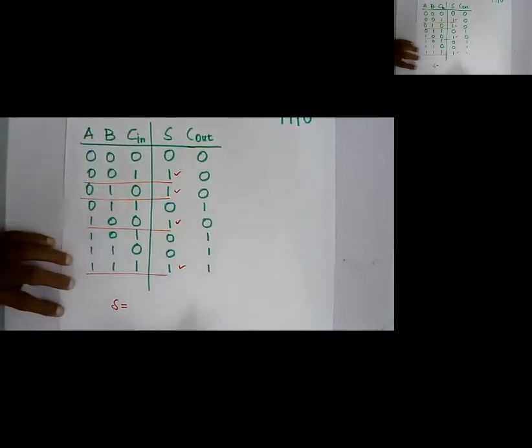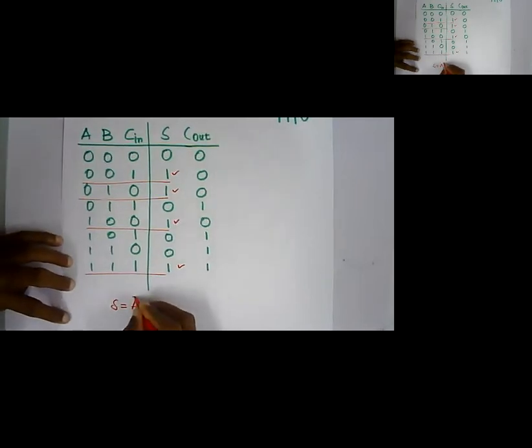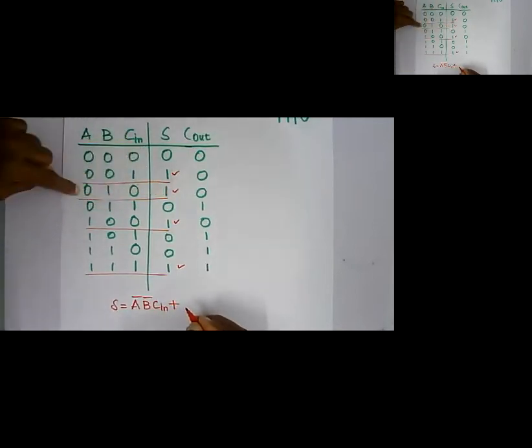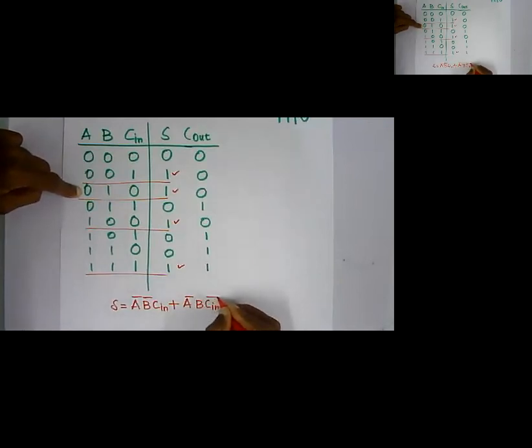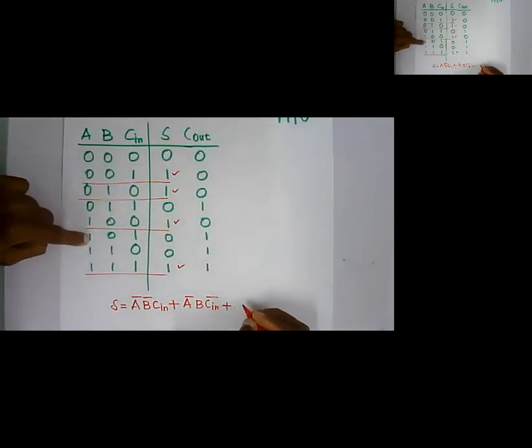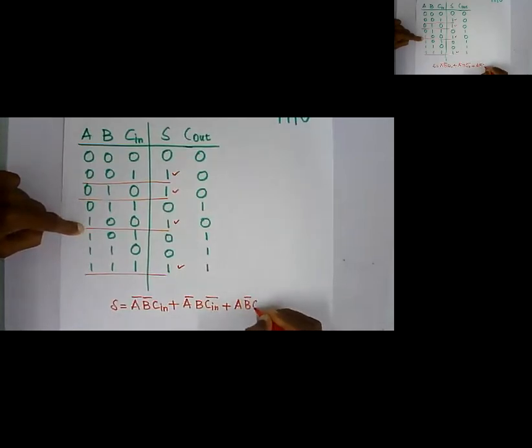That is the only one, so I can write it as A bar B bar C in. Plus the next one, A bar, B, C in bar, where B is the only one. The third one, plus, only A has one, so A, B bar, C in bar.